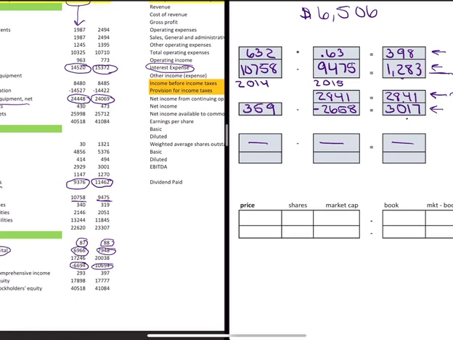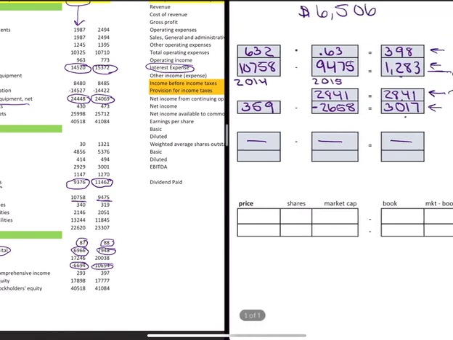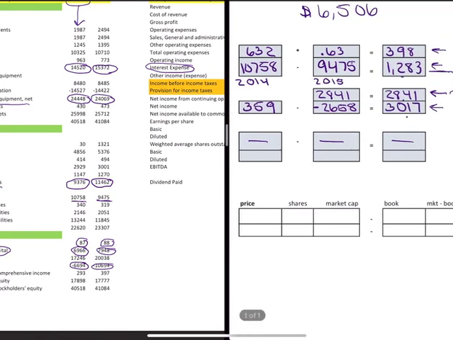Okay. Then what we have left is this after-tax interest. Just 398. So we're actually going to subtract that because that is the cash that they brought in.